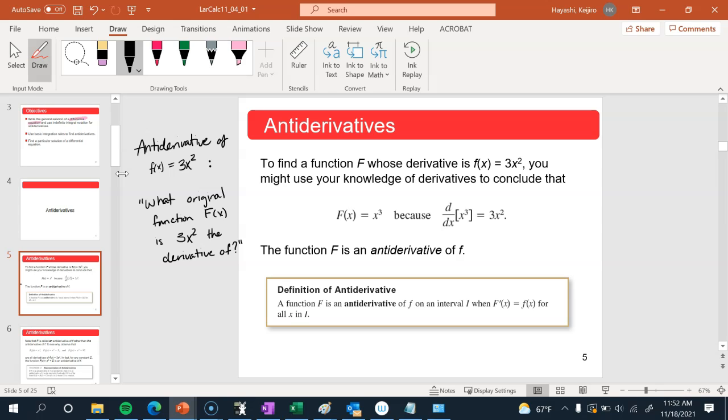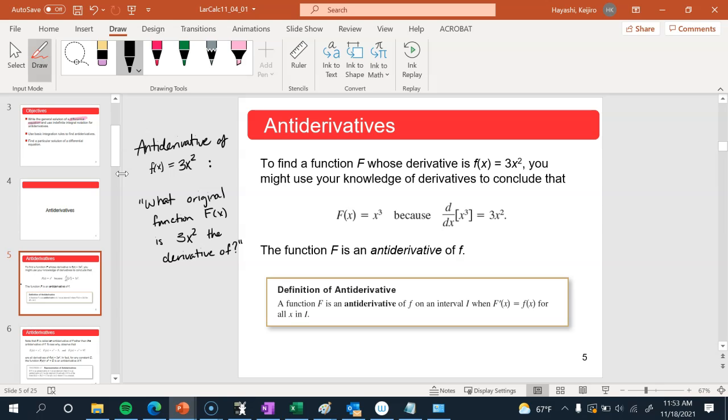Right, so up to now, in thinking about derivatives, we've basically started with a function, and we're always asking ourselves, what is the derivative of this function? Well, now we're going to ask the opposite question. We're going to start with the function and ask, well, if this is the derivative of something, what was the original?